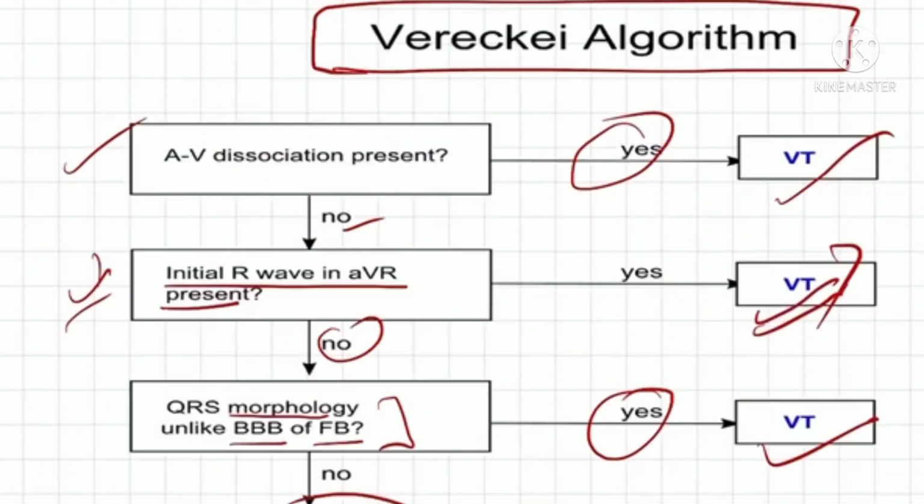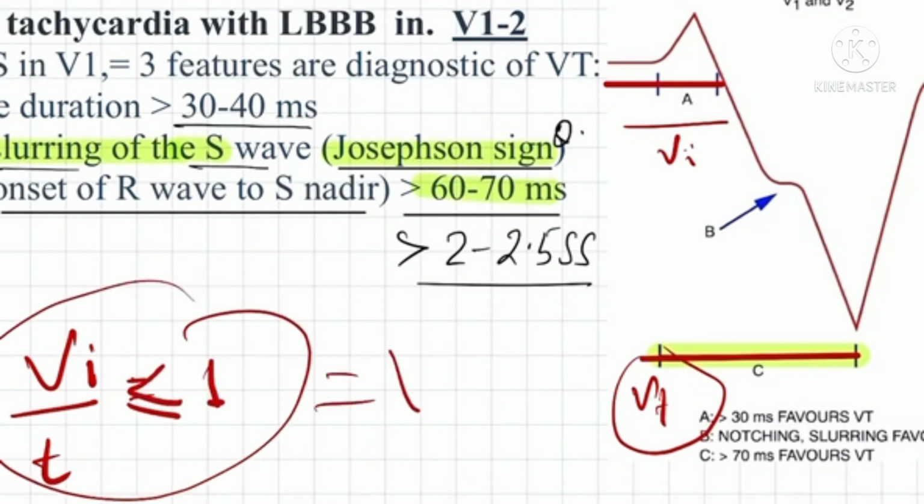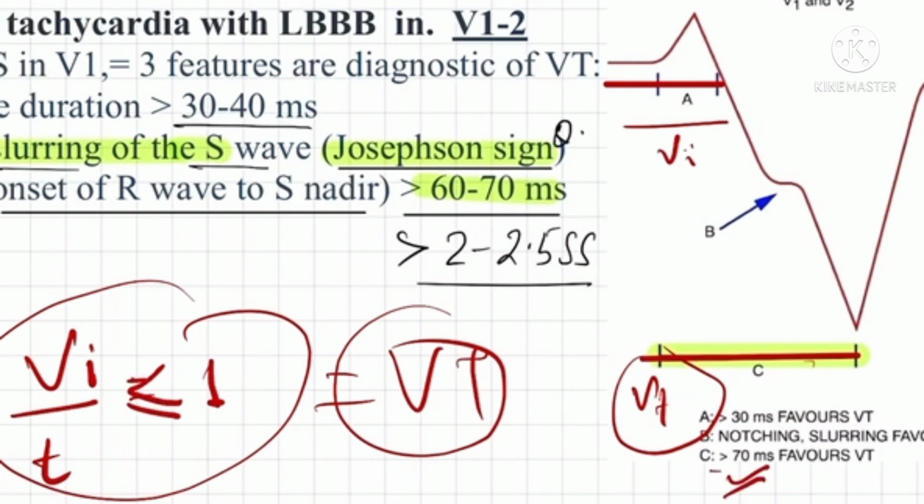And if it is less than 1, that means if it is less than equal to 1, that suggests the VT. Ultimately, the VT suggesting the terminal duration more, that is more than 70 millisecond, and the initial duration is more than 30 seconds is the VT.